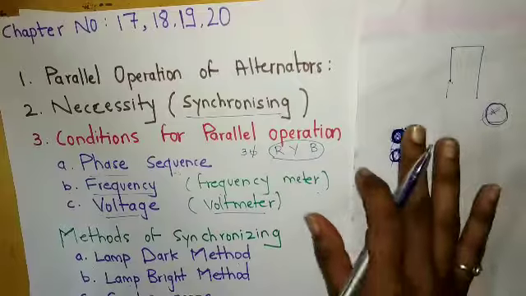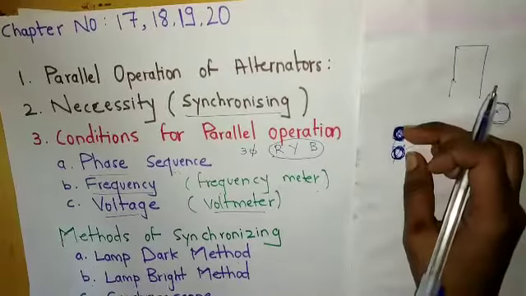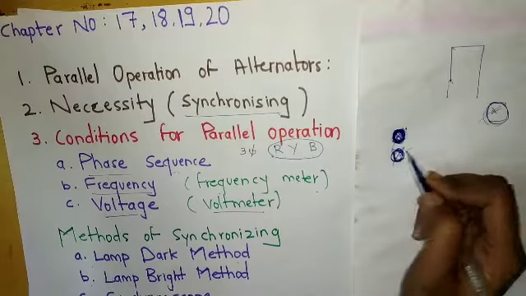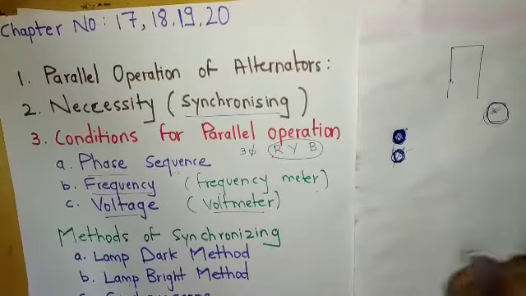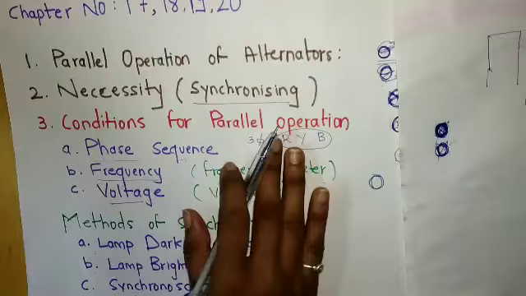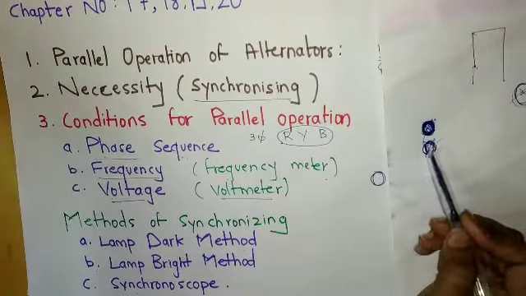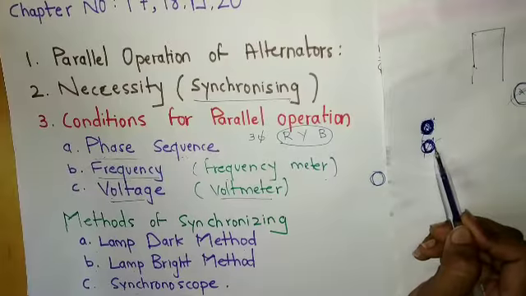Now there are certain conditions for this parallel operation, for when we can connect these two alternators in parallel and turn them on. So, conditions for parallel operation. Here we are going to connect a new alternator.